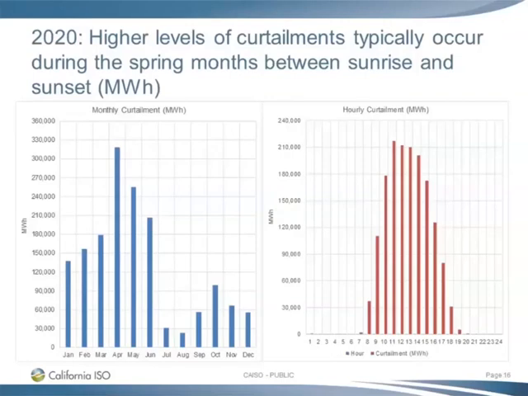So those are the heavy months, April, May, and then June, depending on the snowpack and the melt. And I'll get to that in a minute. But then when you look at it by hours, you can clearly see the curtailment that occurs between sunrise and sunset. Right? So you can attribute that mostly to the amount of solar, not only grid, but rooftop PV production.